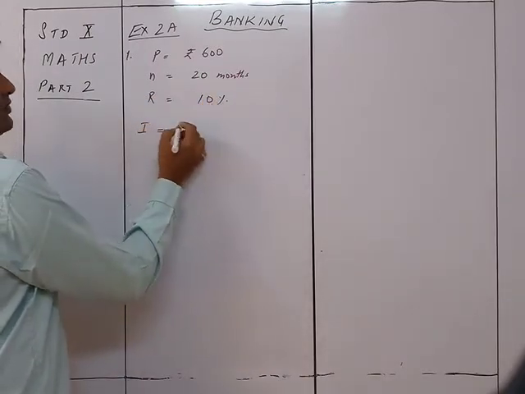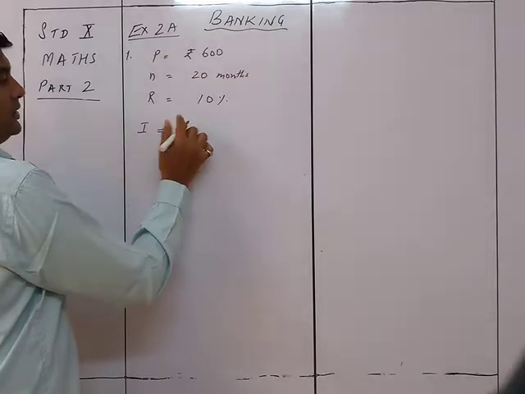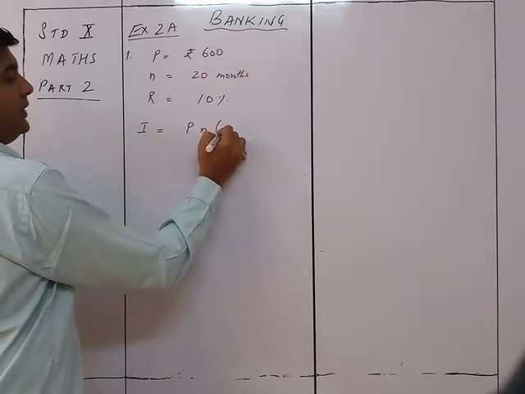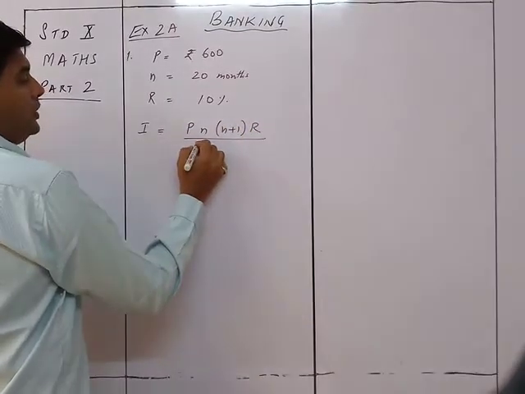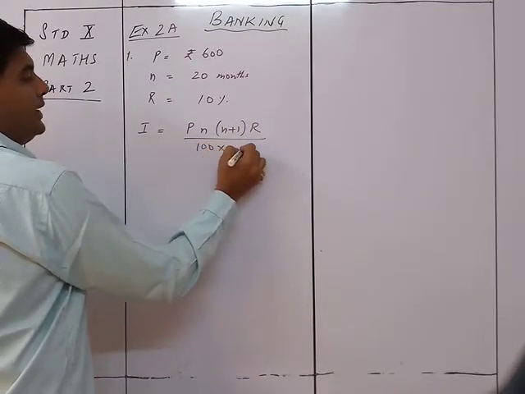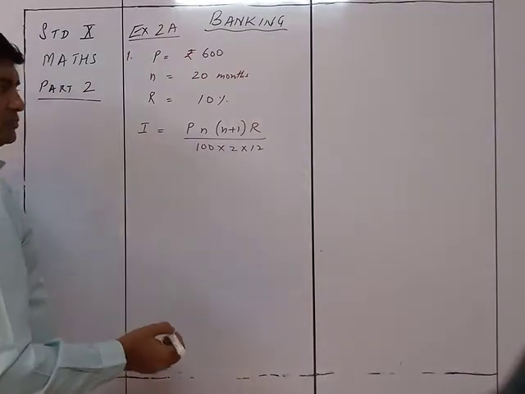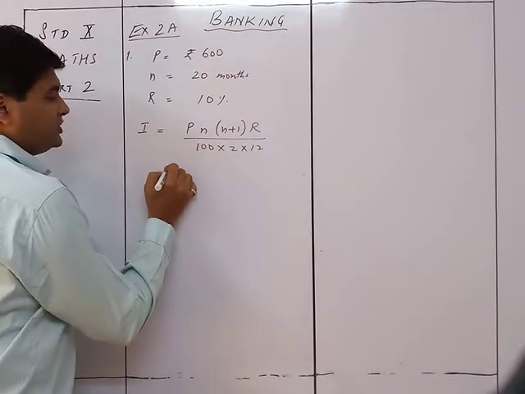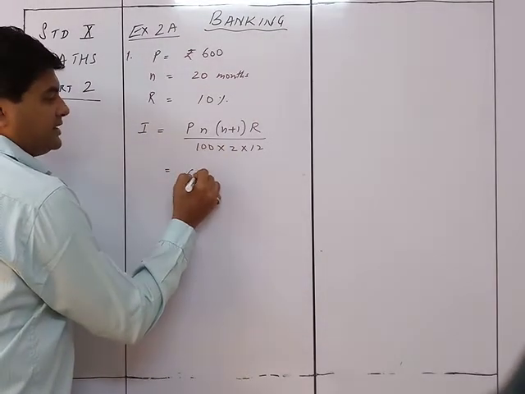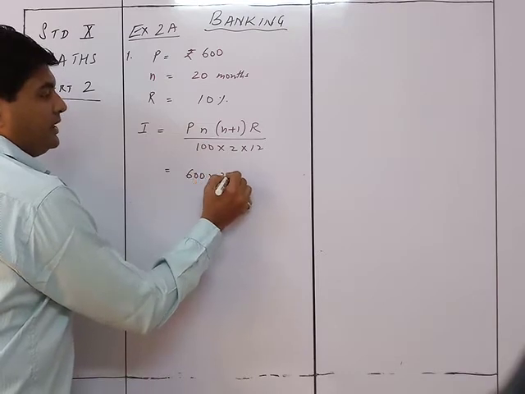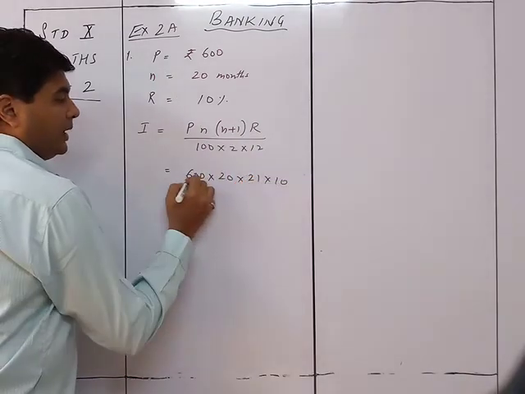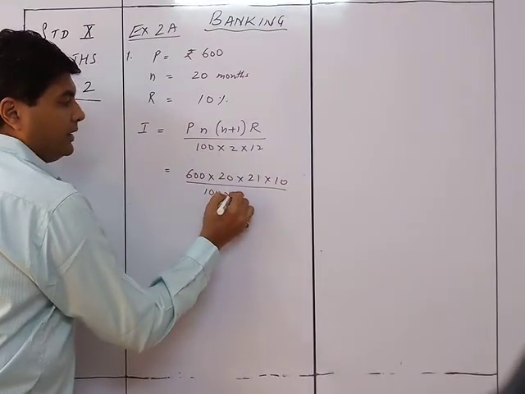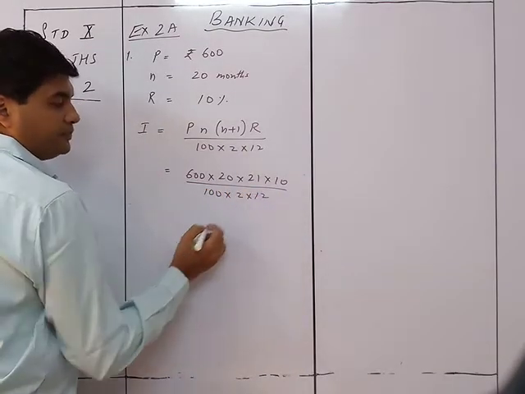So we need to find out the interest. Now interest is given by the formula P into n into (n plus 1) into R upon 100 into 2 into 12. This is the formula we are having. So this will give you 600 into 20 into 21 into 10 upon 100 into 2 into 12.